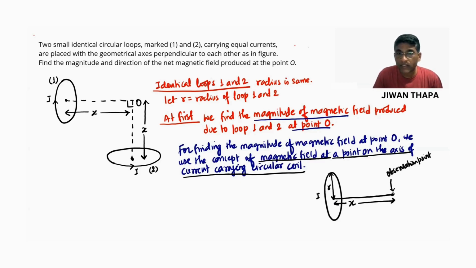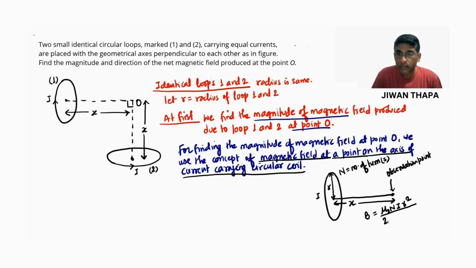So magnetic field at this point is given by B equals mu naught n I R squared divided by 2 times (R squared plus x squared) whole power 3 by 2, where n represents number of turns, I current flowing in the circular coil, and R the radius of the circular coil.